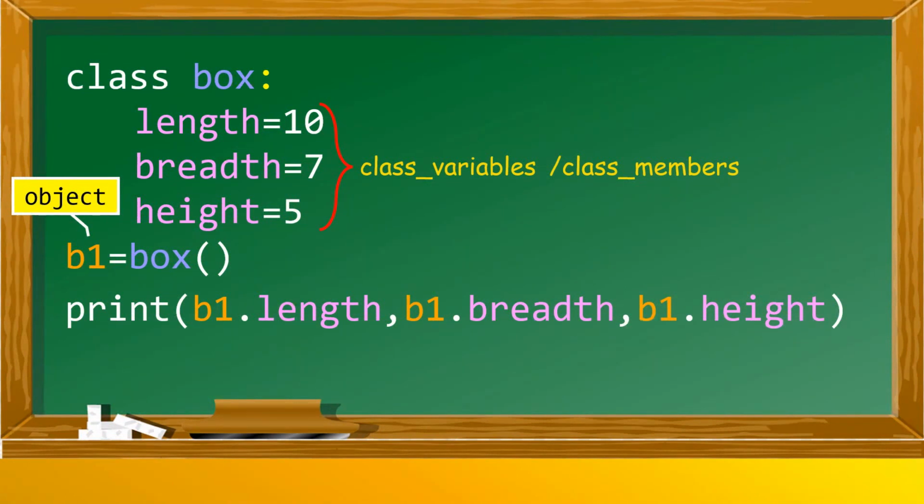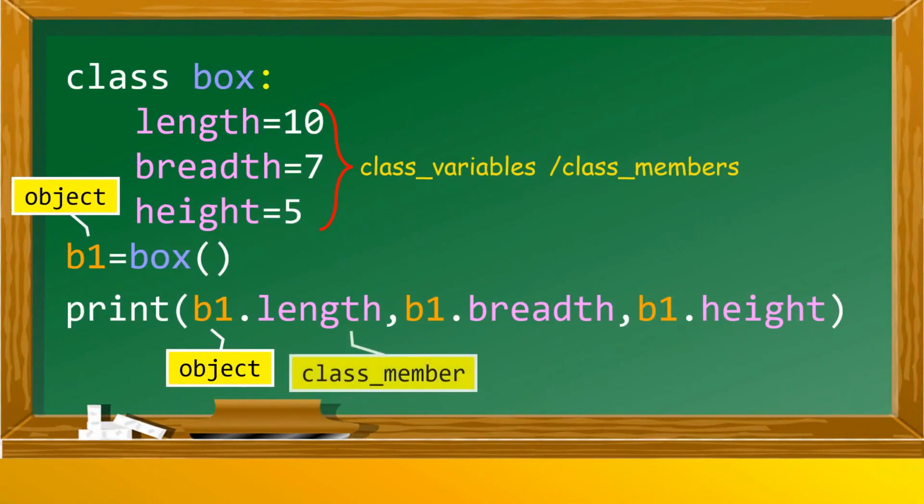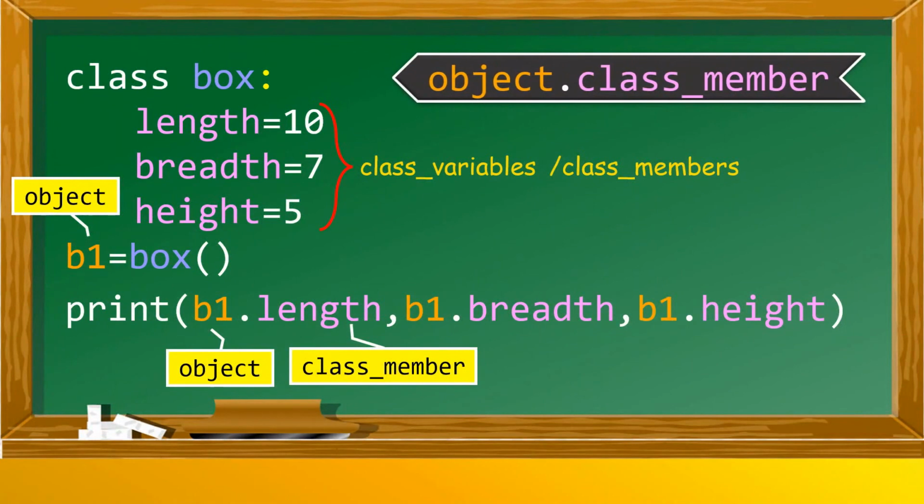And to access the member length, you cannot directly write length. You have to write b1.length. That is object dot class member. Therefore, the syntax to be followed to access a class member is object dot class member.